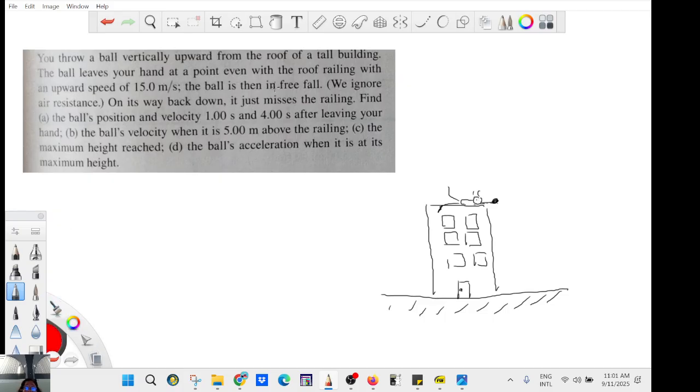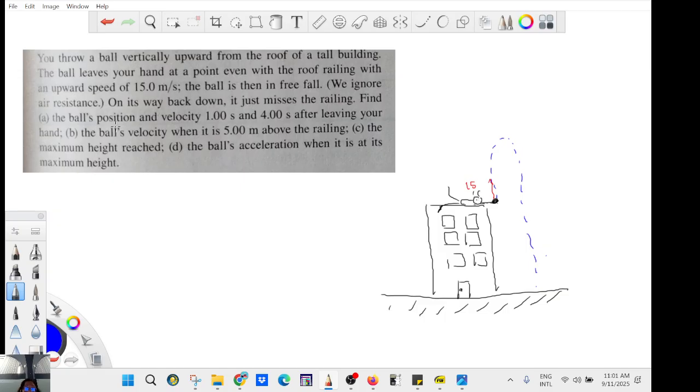Okay, so you make your drawing. So this is the roof railing. This is you. Initial velocity is 15. I'm going to put a 15 just for the magnitude. The ball is then in free fall. So it's going to go up, boom, boom, boom, and it's going to go down, boom, boom, boom. It misses the railing.